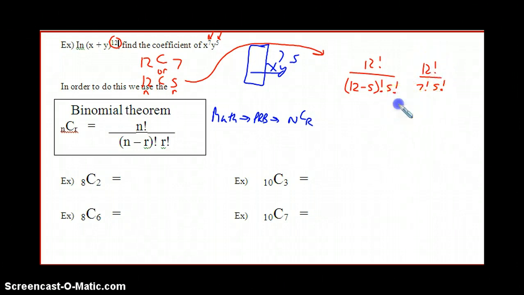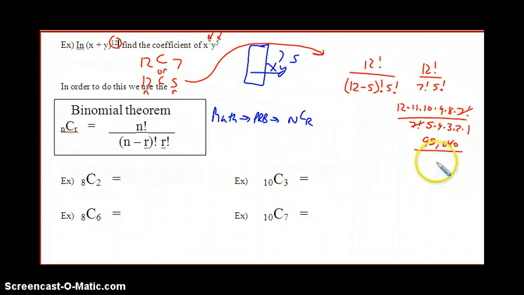And 12 factorial would be 12 times 11 times 10 times 9 times 8 times 7 factorial, so that those could cancel out, and then you still have 5 factorial, 5 times 4 times 3 times 2 times 1. Multiply your numerators out, you get 95,040. Multiply your denominators out, you get 120. Divide that, you get 792. So 792 would be the coefficient that I would put in front of here. So my answer to this problem is 792.